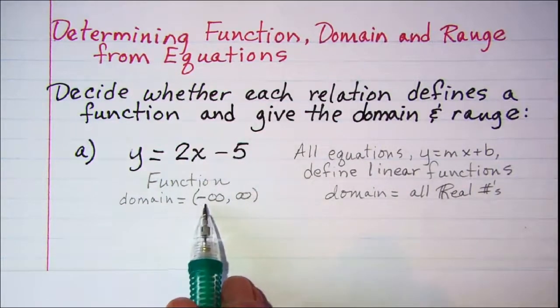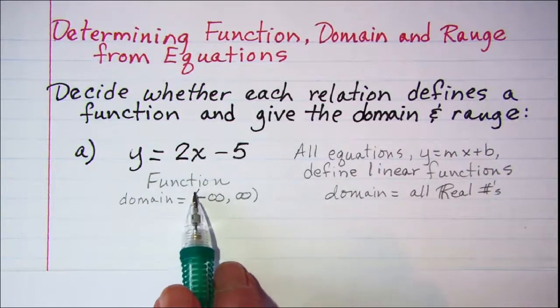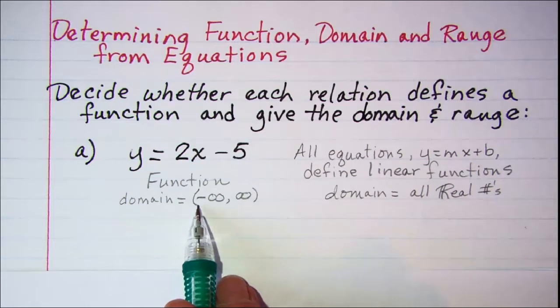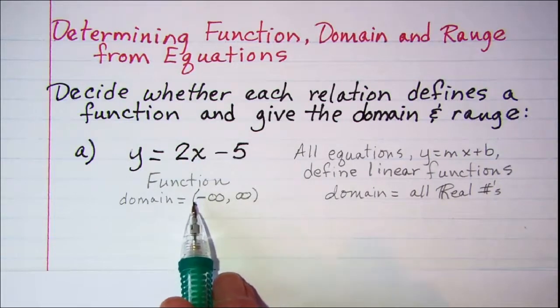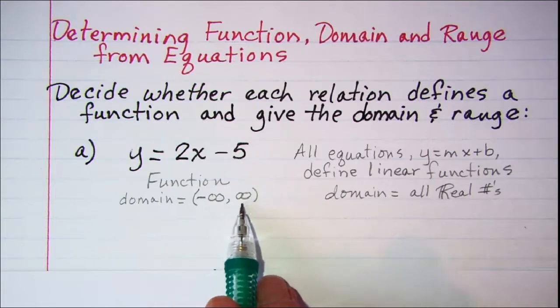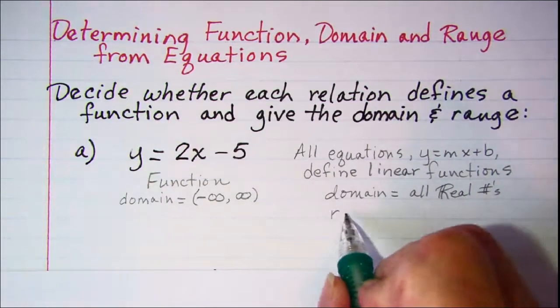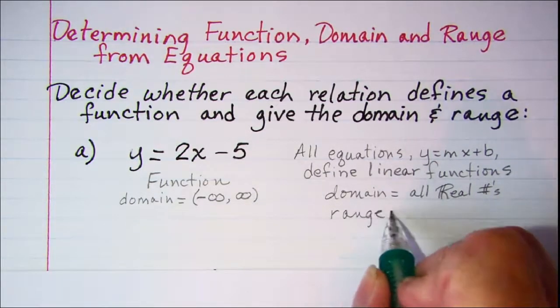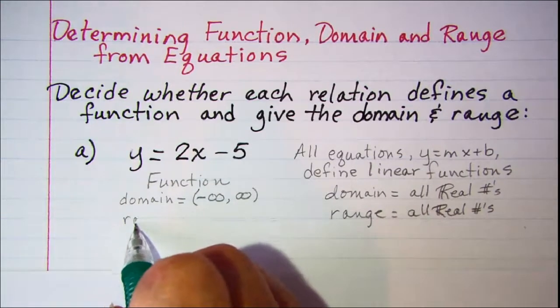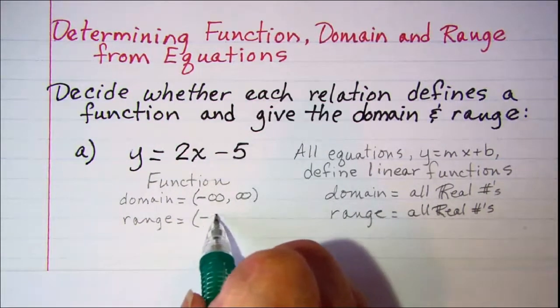Notice that when you use a left boundary of negative infinity, you need the open parentheses because you don't have a definite number there. And then a right boundary of positive infinity, you need the closed parentheses there. Also, the range is all real numbers, and so we would show that with interval notation the same way.